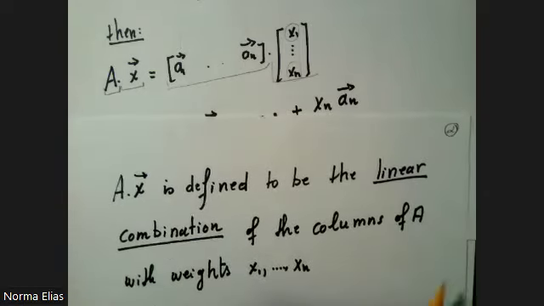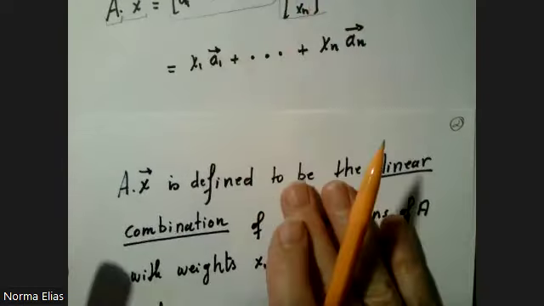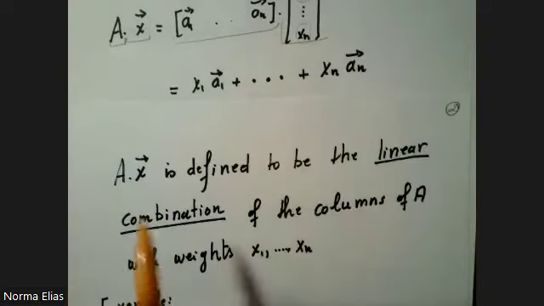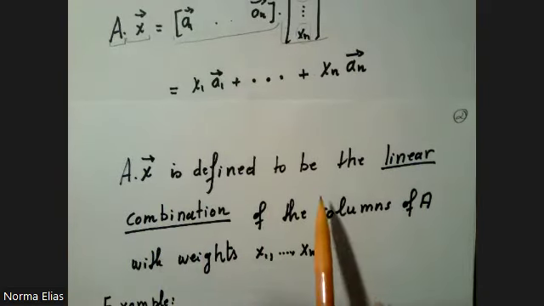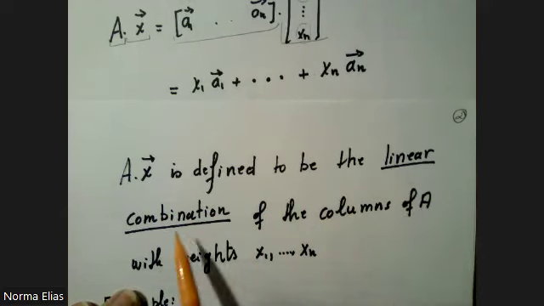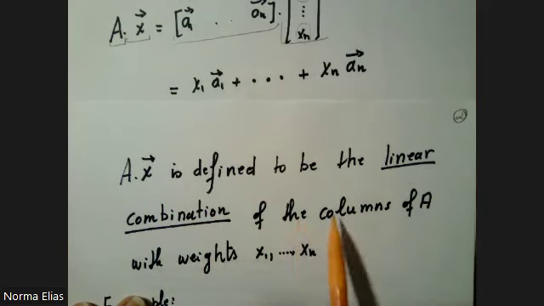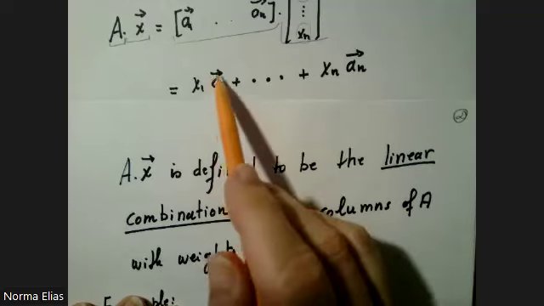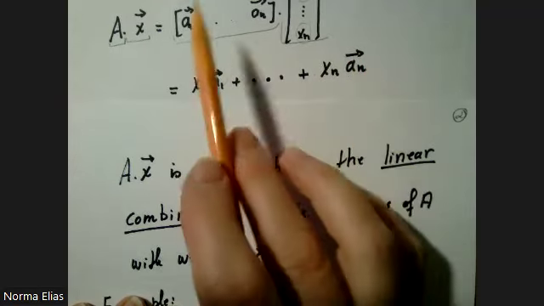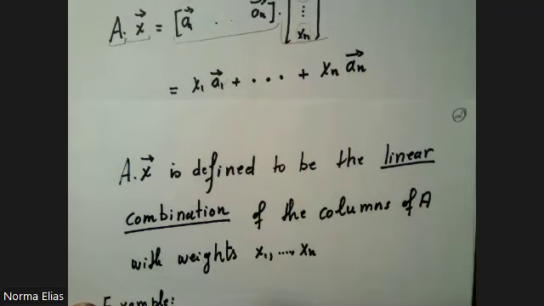So A times x is a very interesting definition. A times x is defined to be a linear combination of those columns, where the weights are x1 through xn.